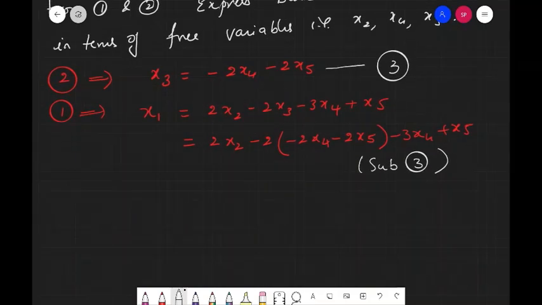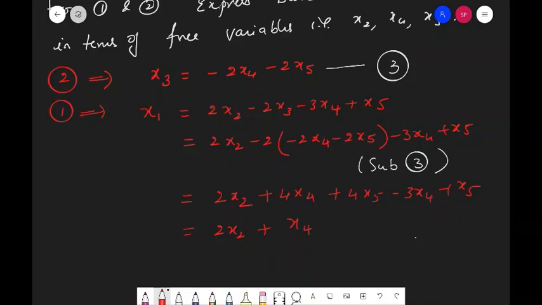So this will give you, simplify this, and you will get 2x2, and is there any other x2? Only 2x2. And I have plus 4x4 plus 4x5 minus 3x4 plus x5. So this will be equal to 2x2 plus 4x4 minus 3x4 is x4, and then plus 4x5 and plus x5.